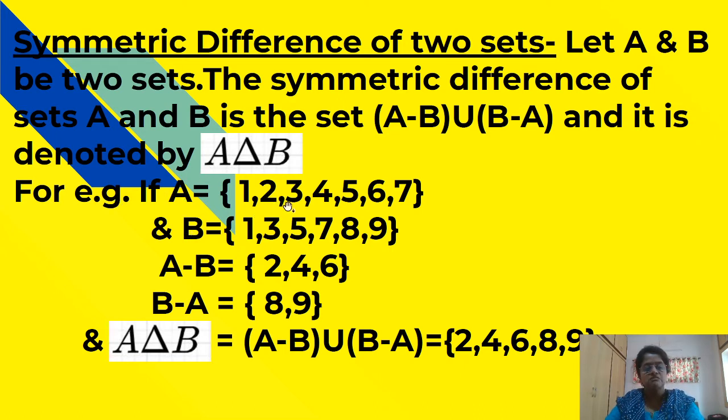Suppose A is {1, 2, 3, 4, 5, 6, 7} and B is equal to {1, 3, 5, 7, 8, 9}.